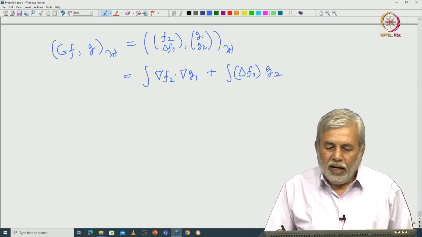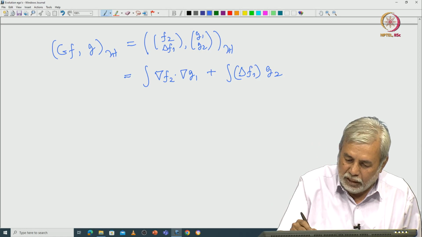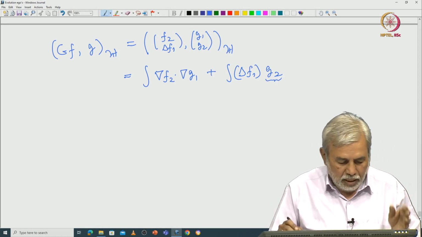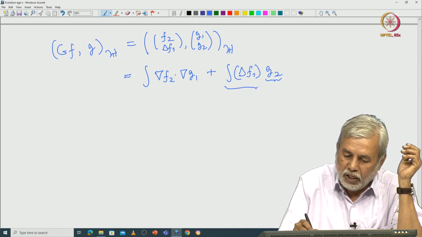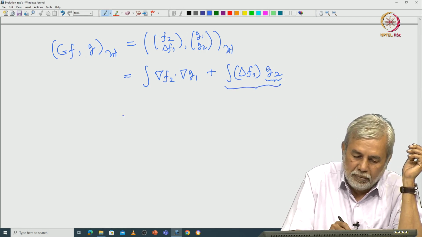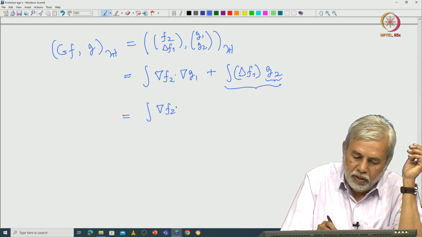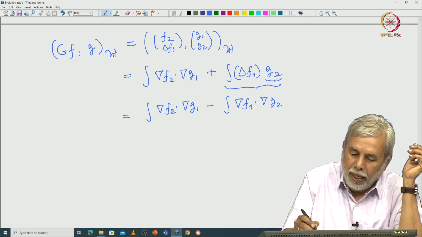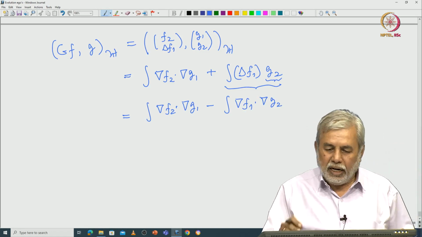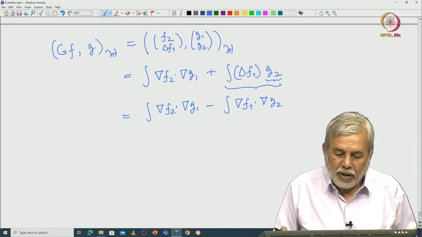Okay. And I am assuming that g2 is in C_c infinity. So, I can integrate by parts and this will give me, okay, let me just write, grad f2 grad g1 minus grad f1 grad g2. I am integrating by parts and there are no boundary conditions because g2 has compact support. Okay.